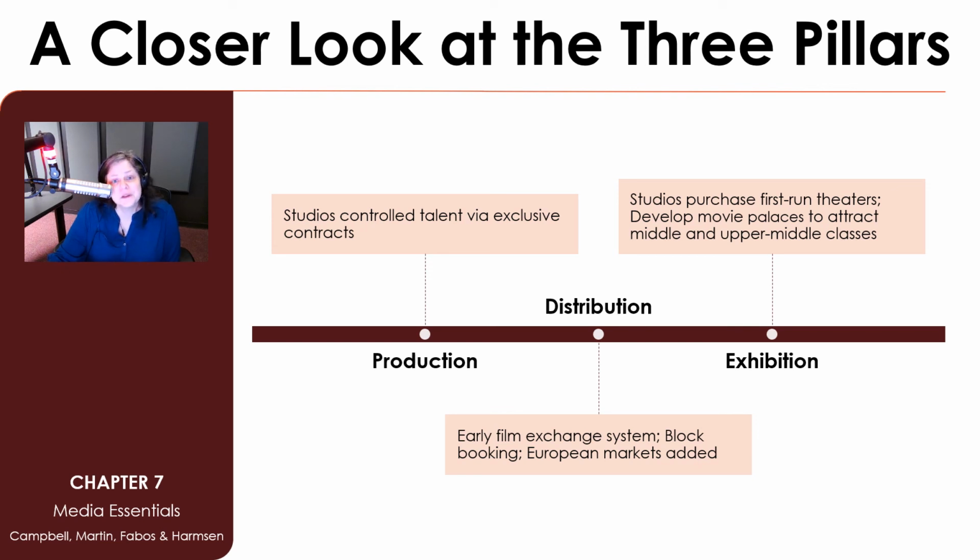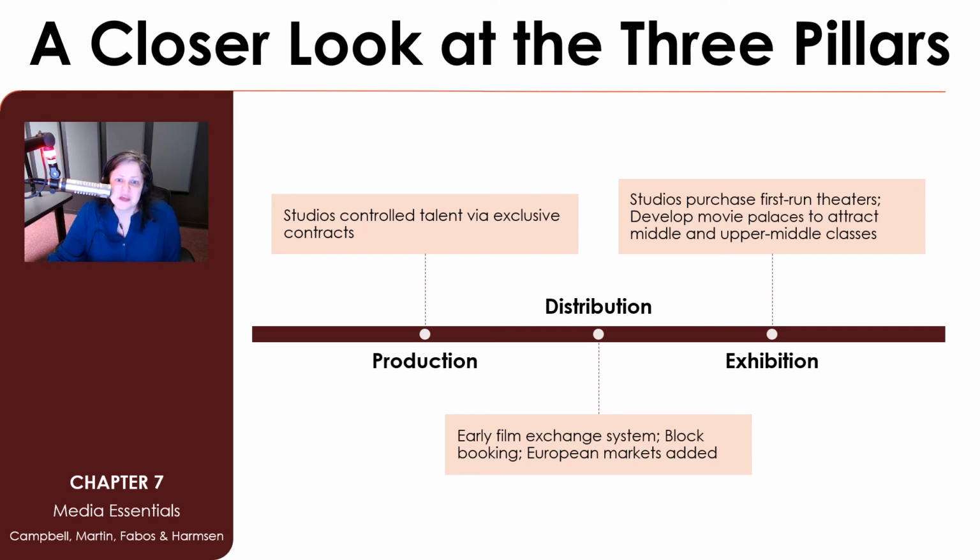The final pillar is film exhibition. After the trust collapsed, emerging studios in Hollywood found a new idea for controlling exhibition and making certain that the movies they produced were shown. When industrious theater owners began forming film cooperatives to compete with block booking tactics, producers decided to buy the theaters.